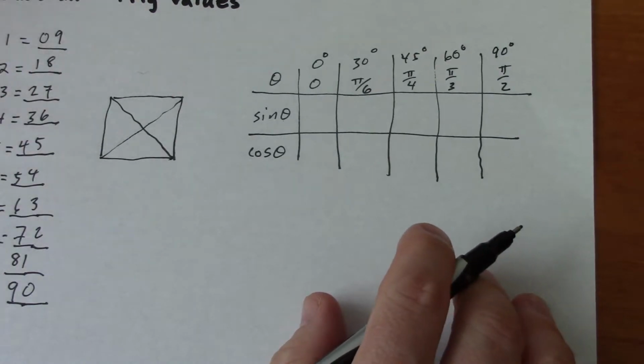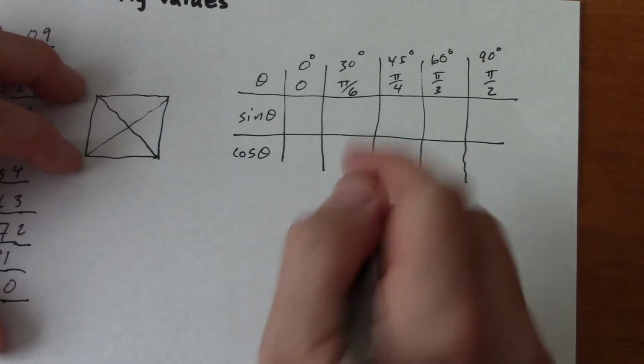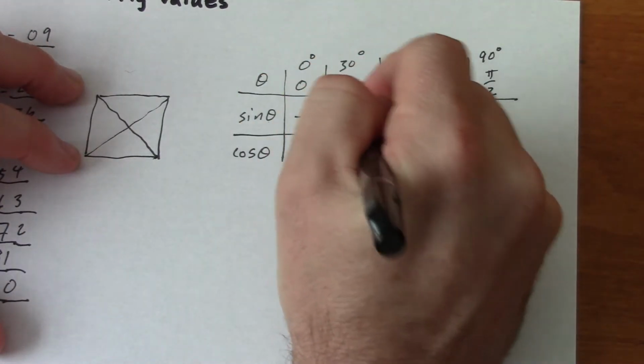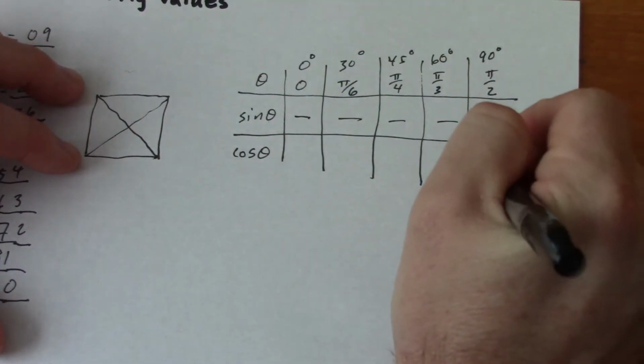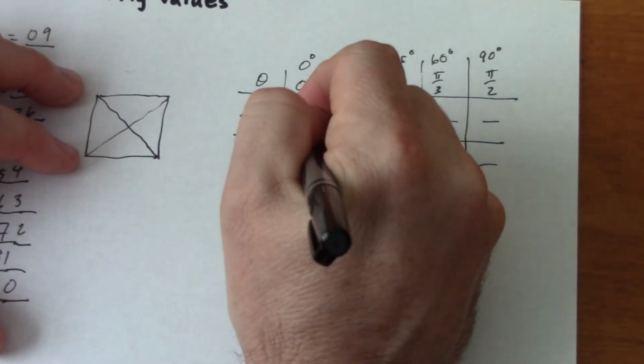Alright, and the way we do this is we do this just like the dumb guy did his test. So everything gets a fraction. So we just make our fractions line up. Everything is over 2.